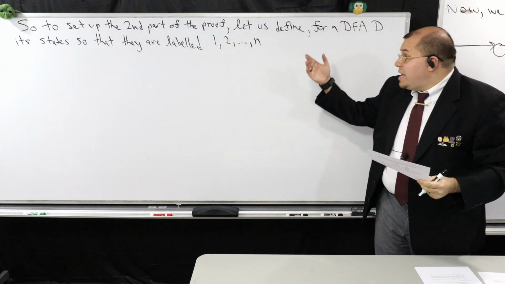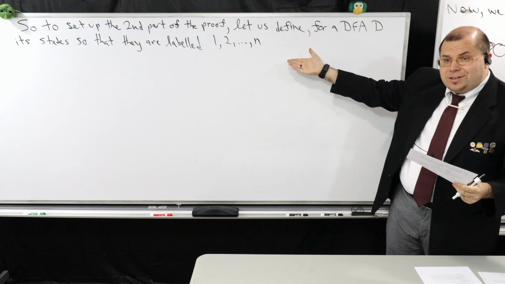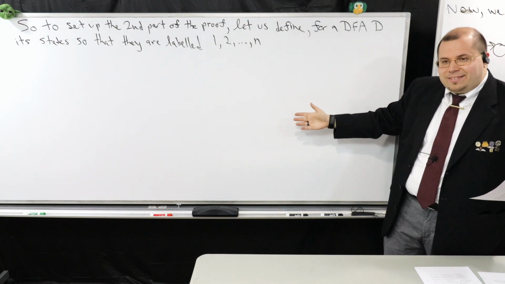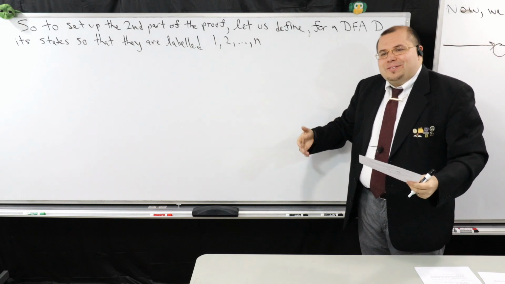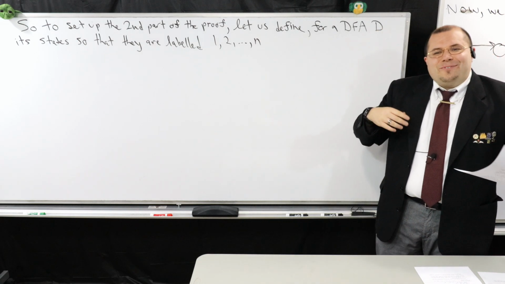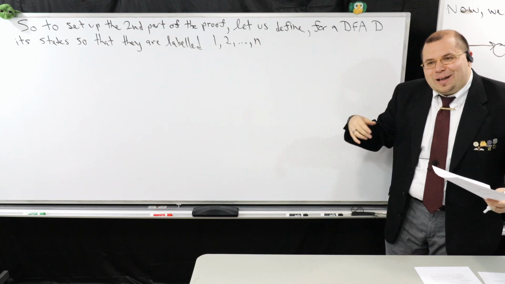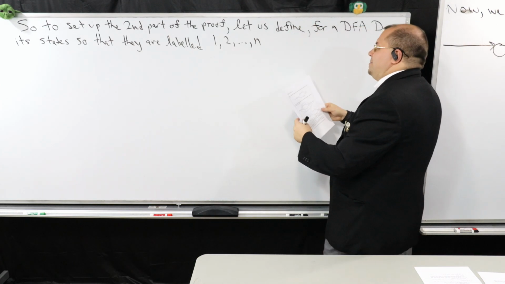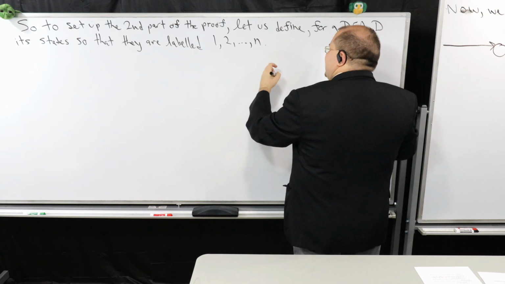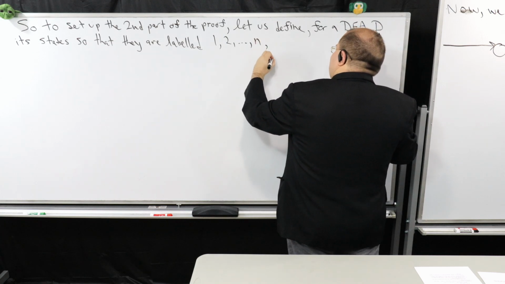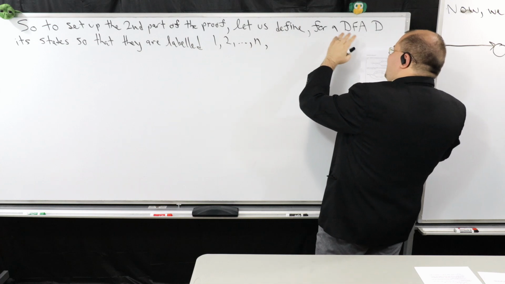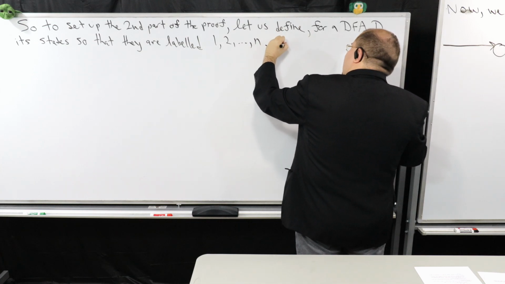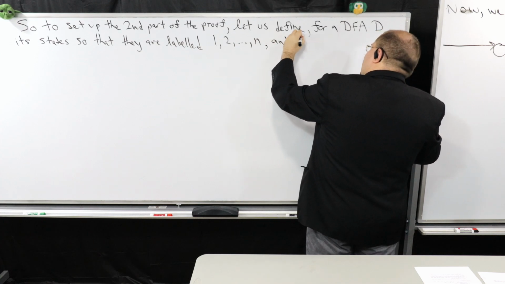I'm going to make this assumption from this point forward. You can do this with any DFA. You can label all of the states differently, right? Just like when we built DFAs, we were allowed to relabel them. I'm going to relabel them so the states are always labeled 1 through n.